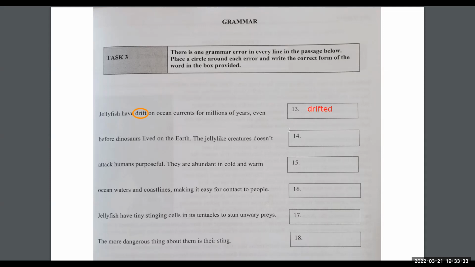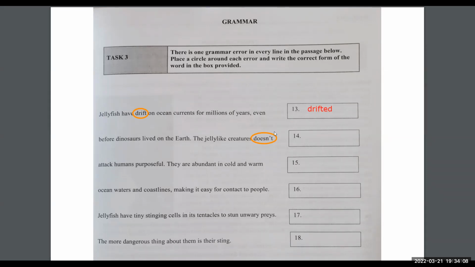Doesn't. Right, because does not implies singular, and we're talking about more than one jellyfish. It says the jelly-like creatures. So what should doesn't be? Does not. It's kind of the same thing, doesn't means does not. So if does is singular, what's the plural?